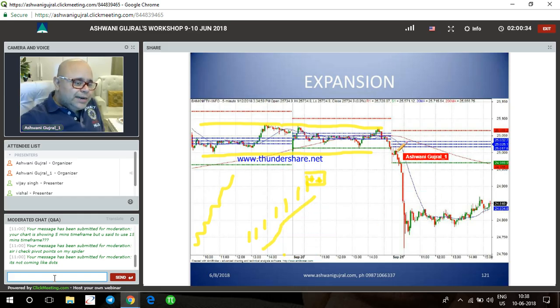So the moment this green started to clean out, we started going short. And as you can see, within like 9:45, we were up 8 to 10 lakh. This is like, I think, almost 300 points. So have this kind of context before you apply any sort of method.